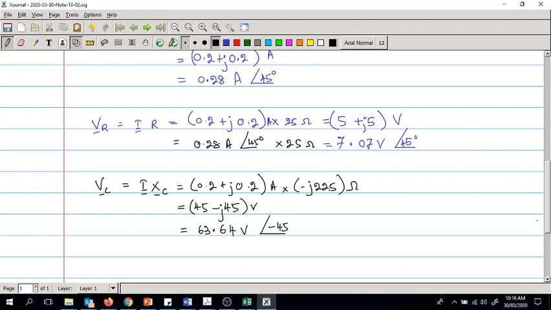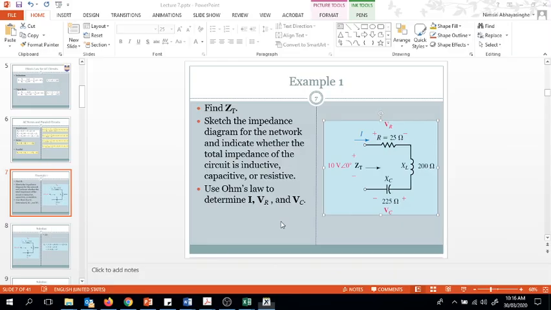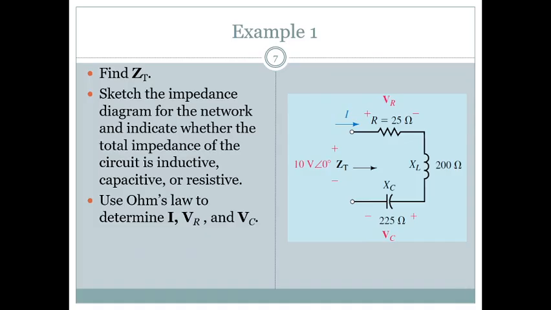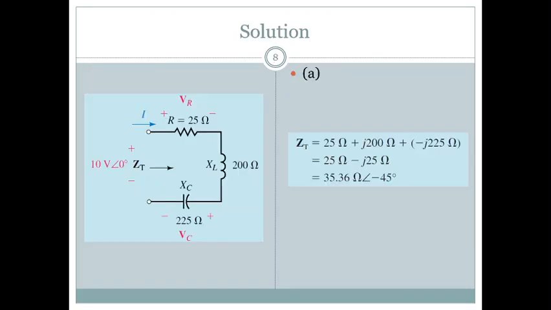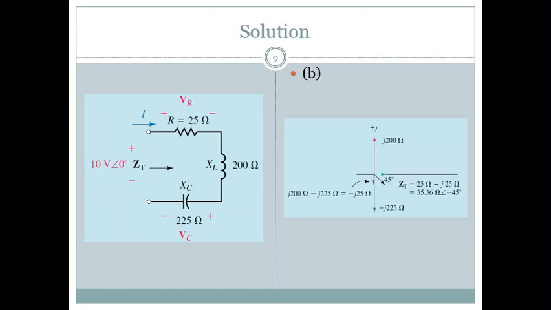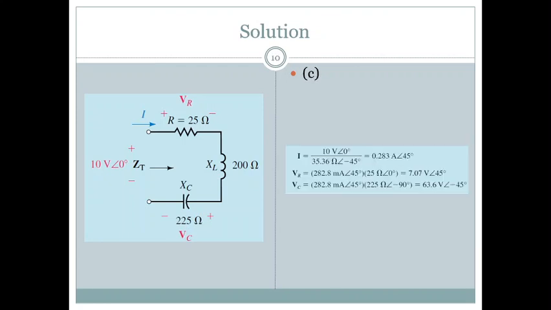So minus 225i, so it's minus 45 degrees. Okay, so 45 minus j45, or 63.64 volts, angle minus 45 degrees, right? So that's what you can see here. All the answers are again shown here, right?